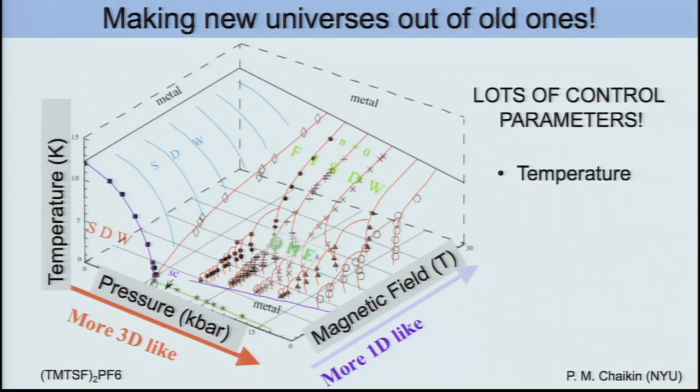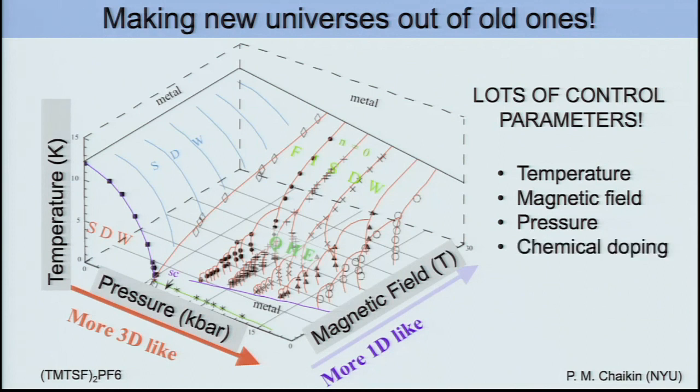And we have lots of control parameters, temperature, magnetic field. We can press the sample to change the interactions between the atoms. We can use chemical doping. We can use strain by anisotropically tuning the materials. In one of the talks we heard today in our symposium, we heard how you can use coherent light to tune materials. So all of these things are available to us.